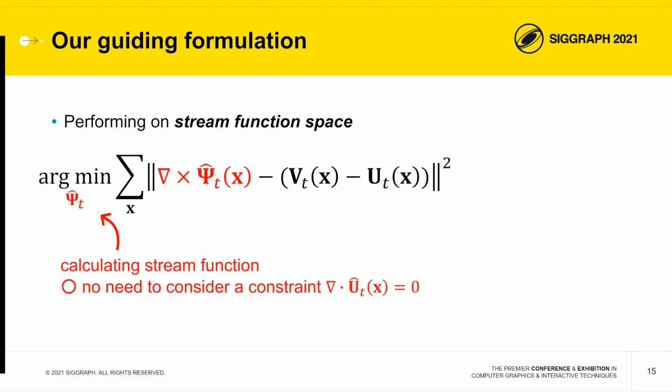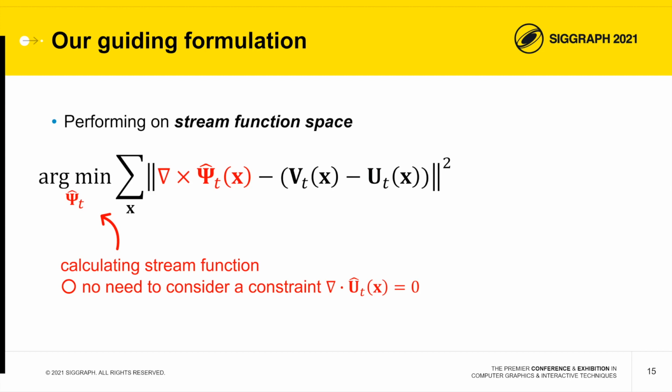However, this formulation does not reduce the problem size very much, because the stream function in the 3D case is called a vector potential, which is a vector function, and its dimension is the same as the velocity field.